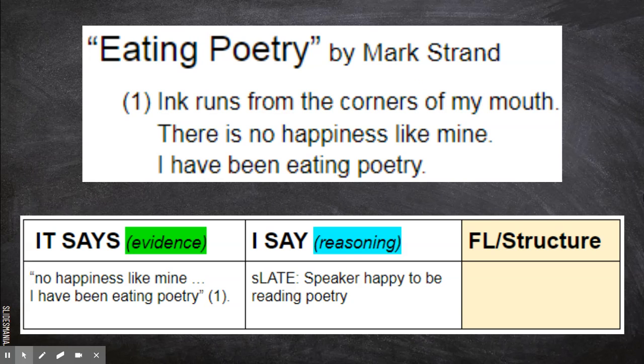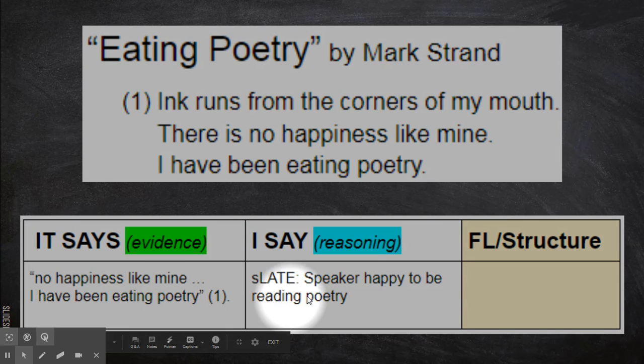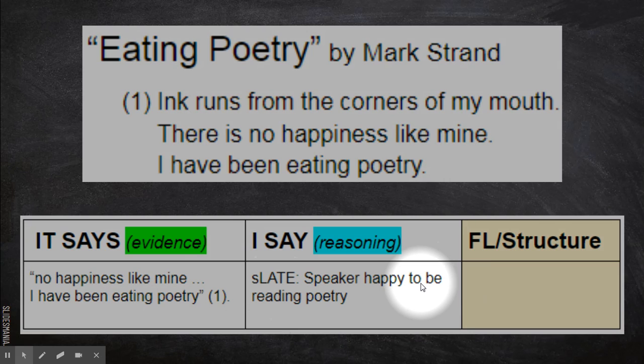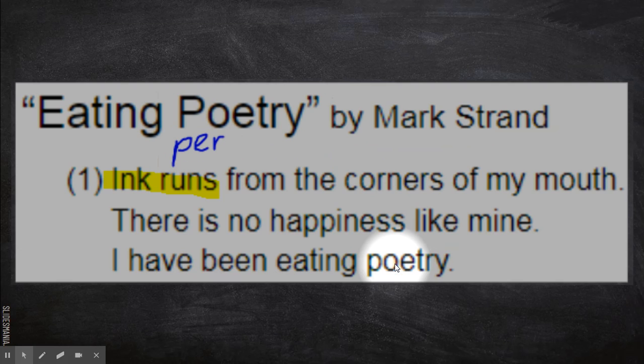We'll base it off an example from a poem we already read, Eating Poetry. You see right here, in this column, I already have a more literal note: the speaker is happy to be reading poetry at the beginning of this poem. But wait, there's also some figurative language. Ink runs. Interesting.